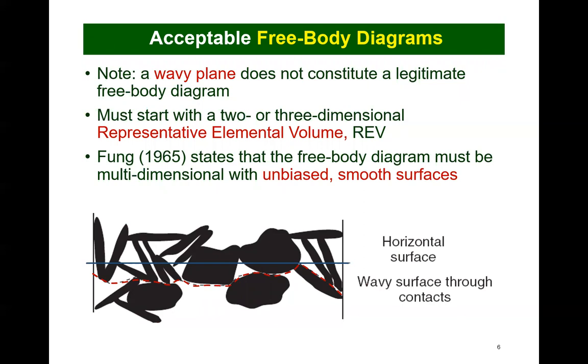Unfortunately, a wavy plane through the contact points between soil particles does not constitute an acceptable free body diagram for force equilibrium. Historically, this has been attempted, but an acceptable free body diagram must be multi-dimensional and have unbiased smooth sides, according to Fung in 1965.